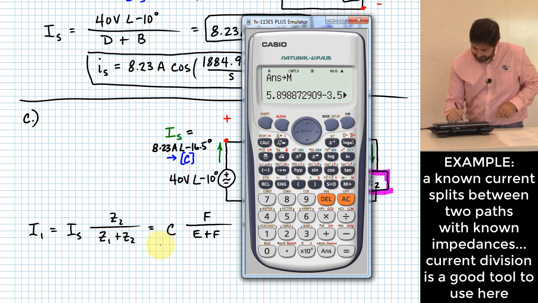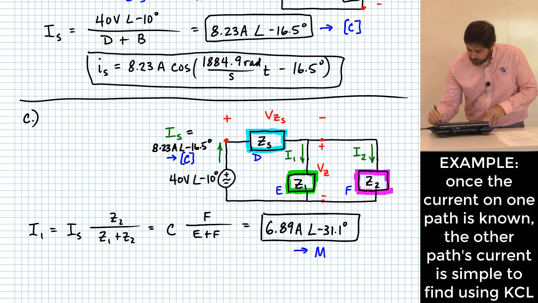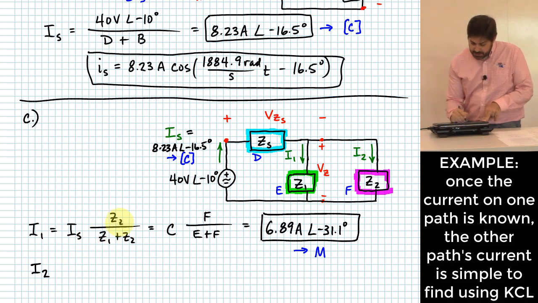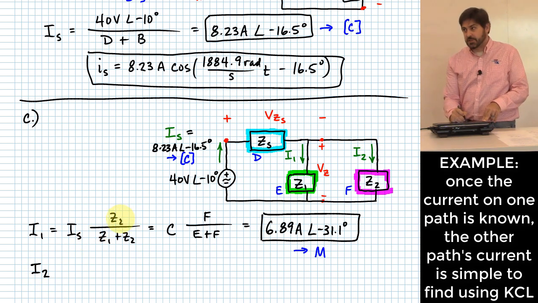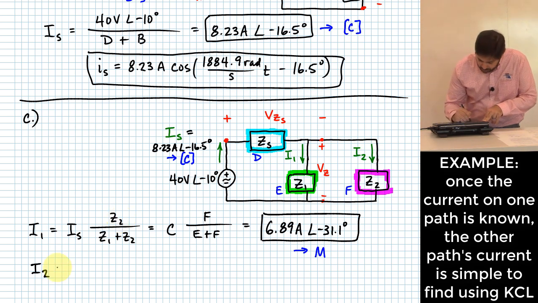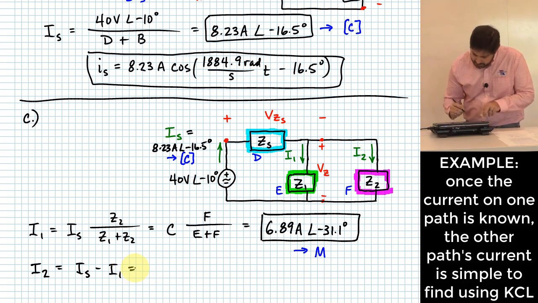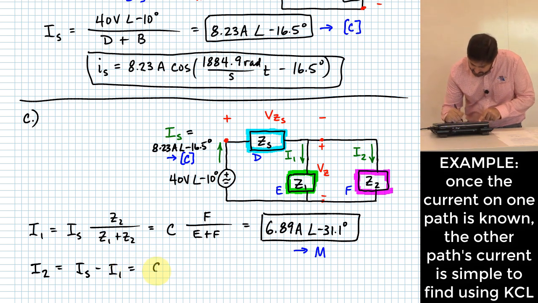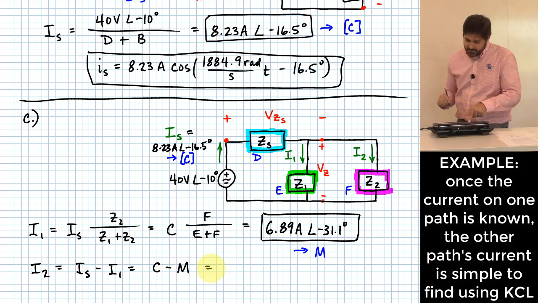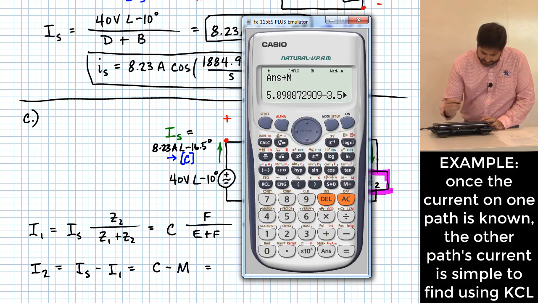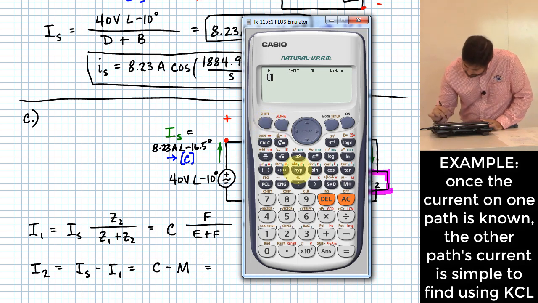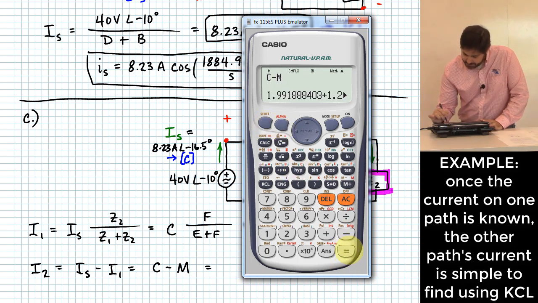Okay. What if I want I2? You could switch subscripts and do another current division where the only thing that you change is you put Z1 up here instead of Z2. Or you could say I2 is just IS minus I1, which might be a couple fewer keystrokes perhaps. So this is just going to be C minus M. Let me put that in there.